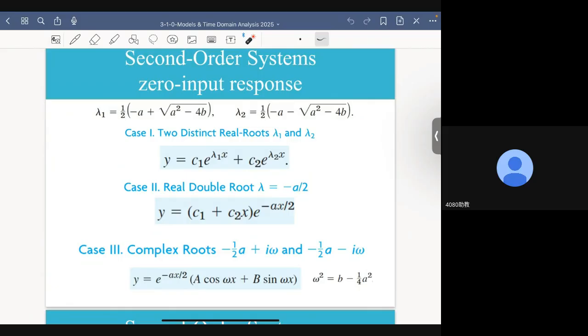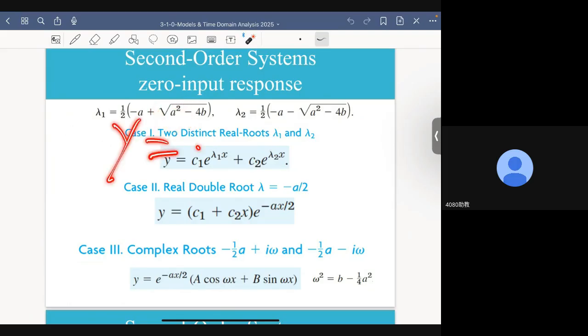As we just discussed, the zero input response, or the homogeneous solution of the second order differential equation, can be divided into three cases depending on the values of the roots. In the first case, we have two distinct real roots. Therefore, the solution is this, right? Because we assume y equal to e to the lambda x in the first place.